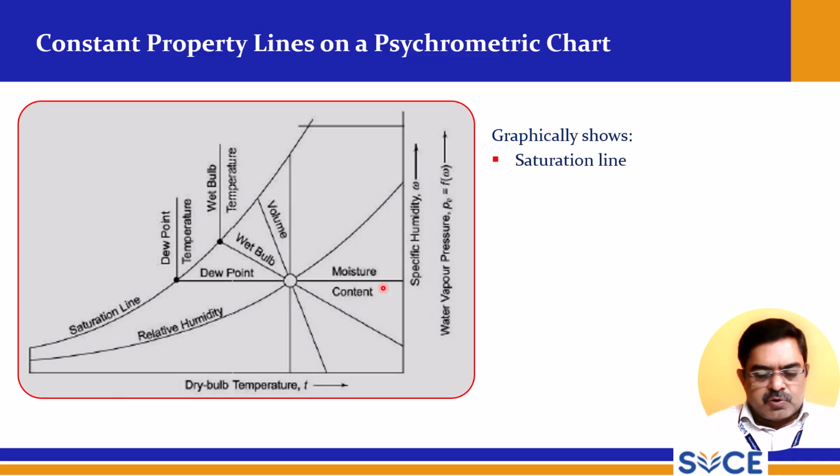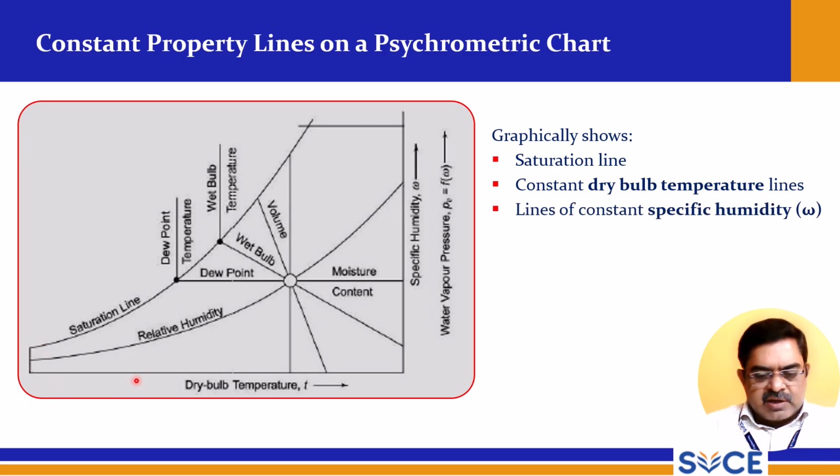If we know any two parameters, we can find many other parameters. So that is the saturation line, we have the dry bulb temperature line, and then the specific humidity lines. This is a specific humidity line, and this is a relative humidity line.